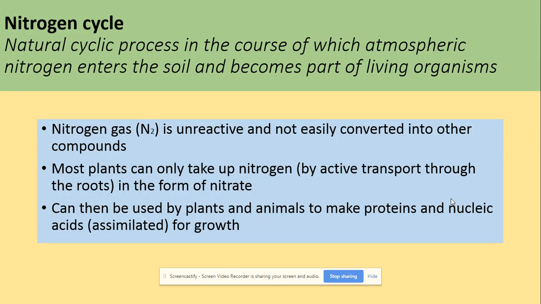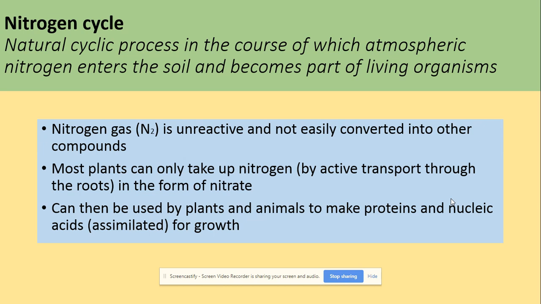So what is the nitrogen cycle? Obviously, it's the natural cyclic process in the course of which atmospheric nitrogen will enter the soil and will become a part of living organisms. Because you need to remember that nitrogen gas is unreactive and it's not easily converted into other compounds.